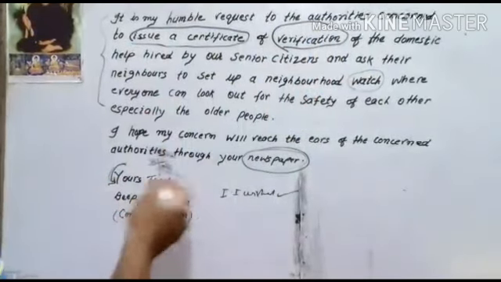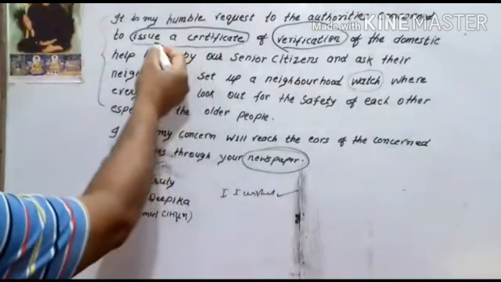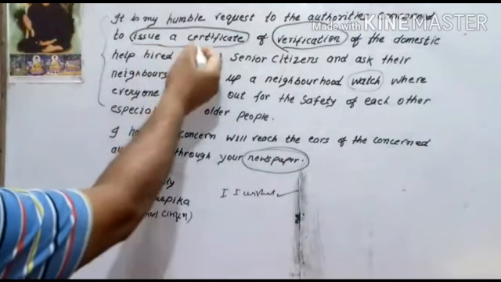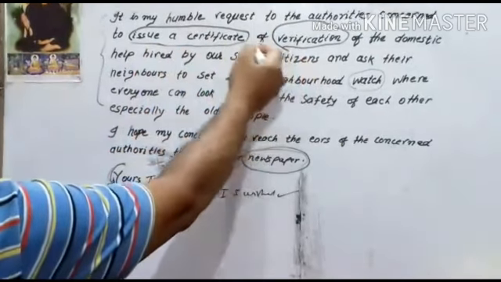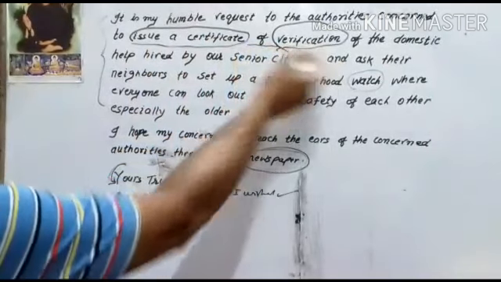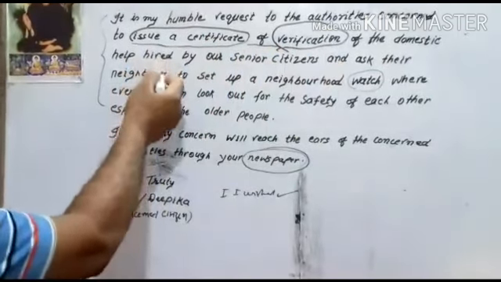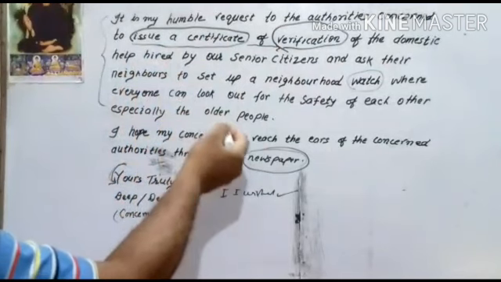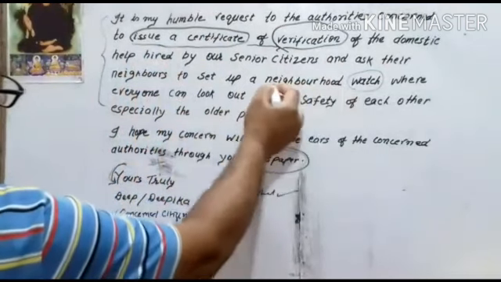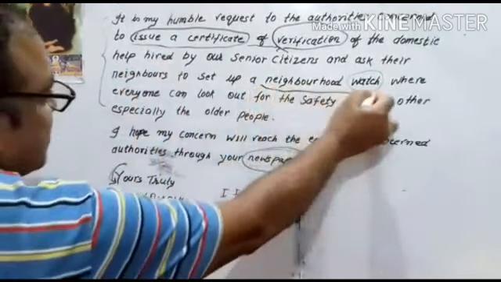And in coming up with suggestions, you have mentioned to issue a certificate of verification of the domestic help. Also, ask their neighbors to set up a neighborhood watch where everyone can look out.